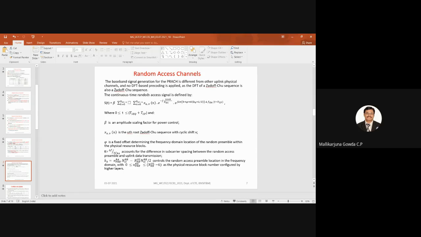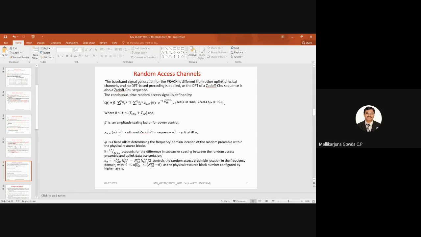The continuous-time random access signal is defined mathematically like this. s of t is equal to beta times the summation k equal to 0 to N ZC minus 1, then summation n equal to 0 to N ZC minus 1 of x u of n, with the formula as given. Beta is an amplitude scaling factor for power control.